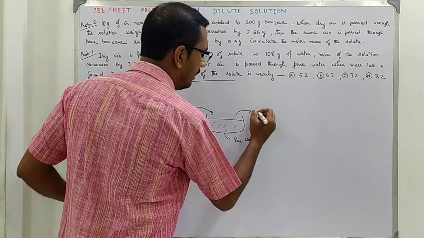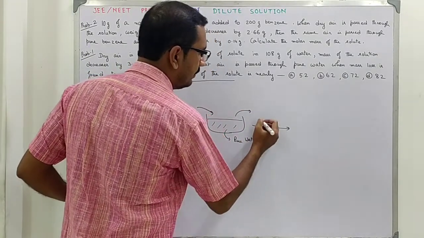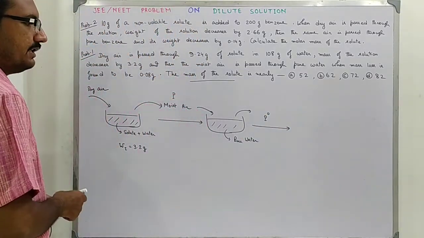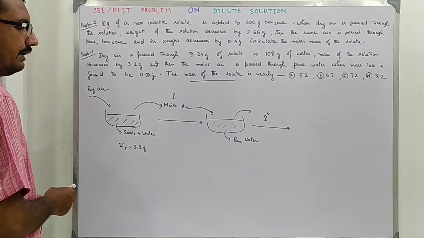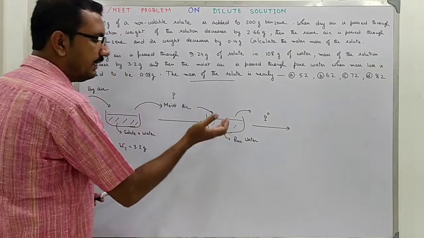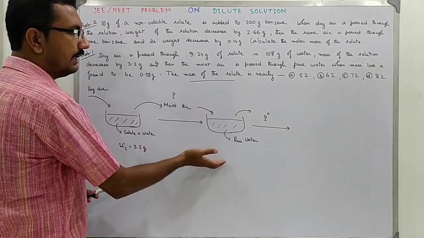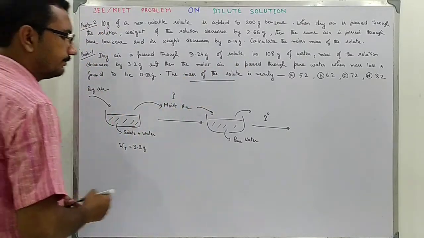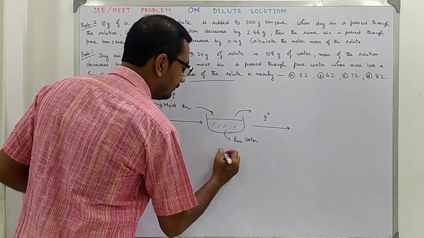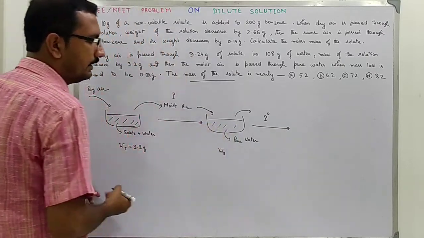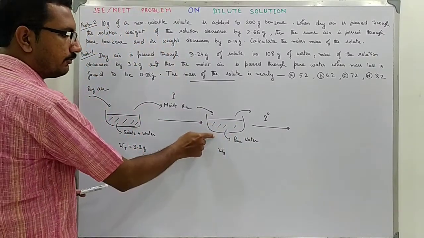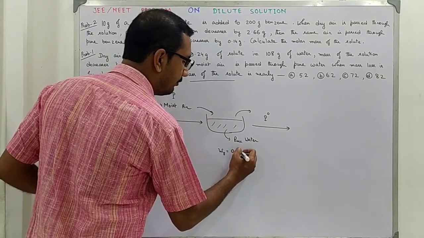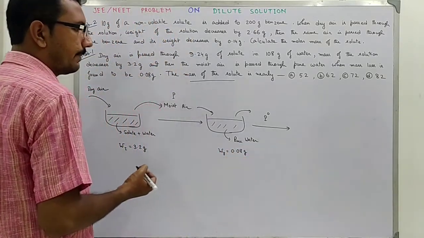Then it comes out, and then its pressure can be referred to as P0. Now again another drop in mass is found, and that mass loss is found to be 0.08 gram. So I am referring to this mass loss in the pure solvent as W2, and it is given as 0.08 gram.